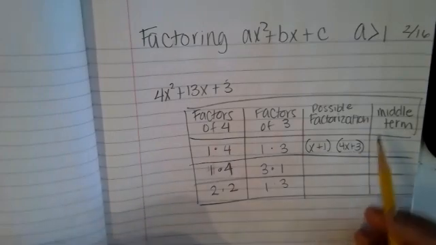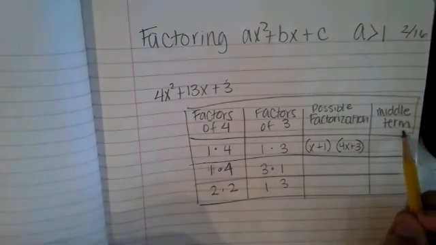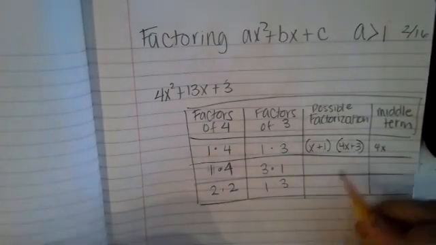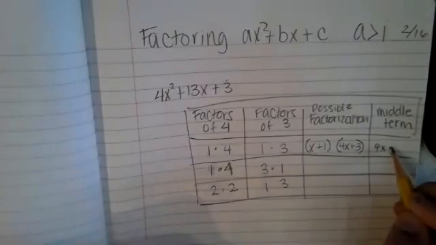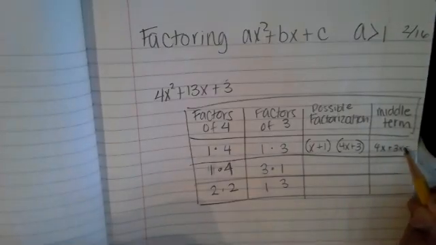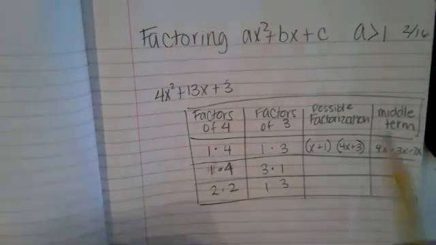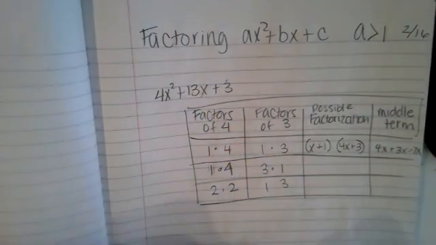Basically we are going to determine what the middle term would be here. This creates a 4x, and this creates a 3x, which is equal to 7x. Okay, 7x is not the middle term, so that one doesn't work.